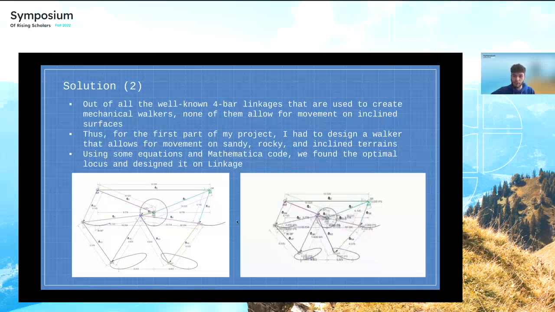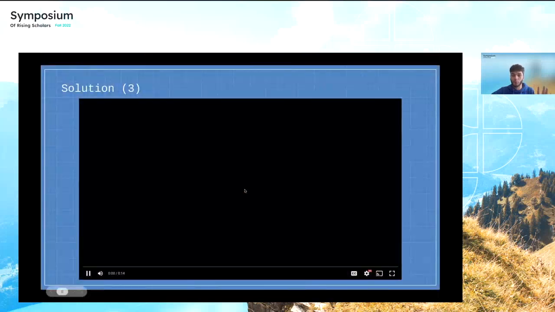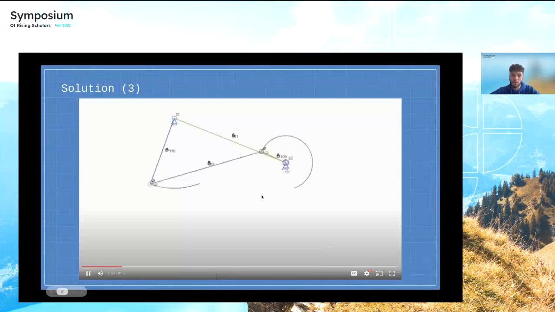So this was the 4-bar linkage that I was able to design. And the way a mechanical walker starts is you start with a normal 4-bar linkage. So this is what it would look like. You first design the 4 bars, and depending on the ratios of the side length, you can either get a crank rocker movement, a crank crank movement, or a rocker rocker movement.